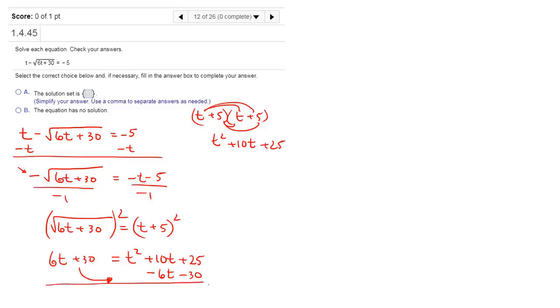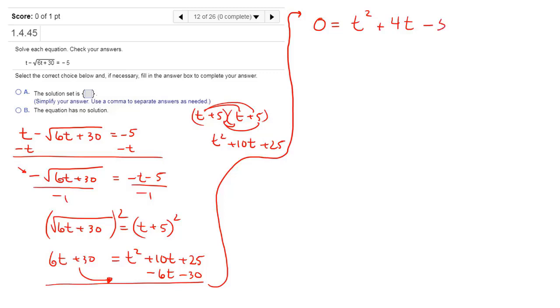All right, running out of space here. So let me go all the way up here. So I got a 0. Let's see, t squared plus 4t, because the positive was on the 10. It's a minus 5 over here, though.